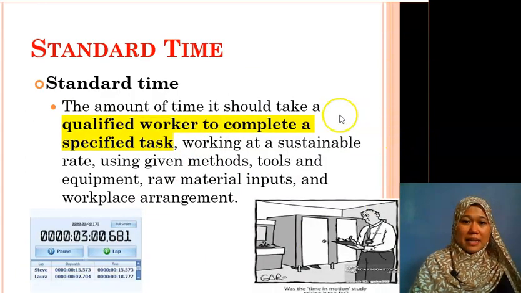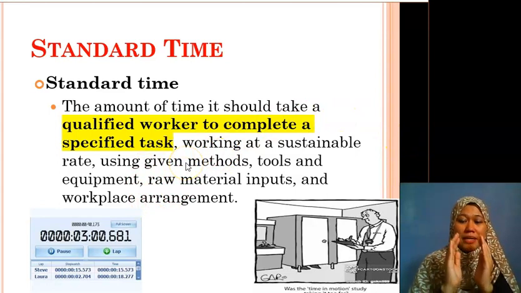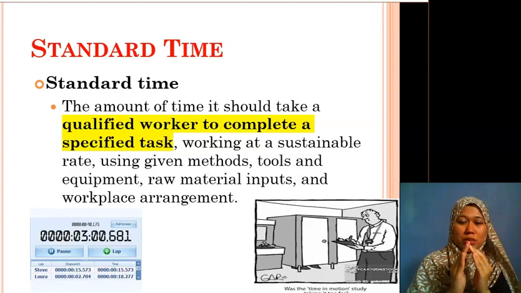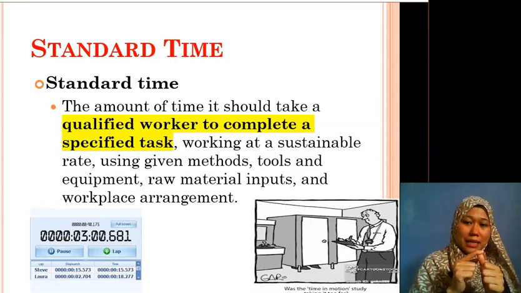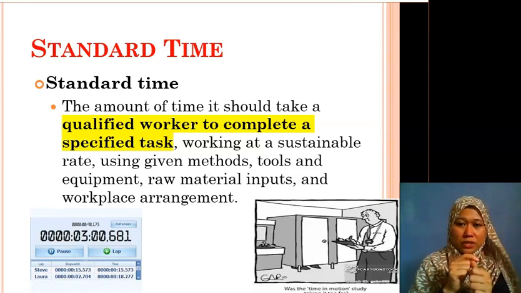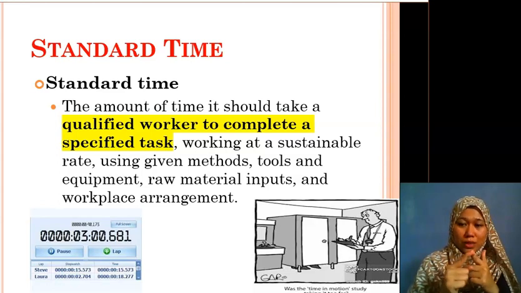Okay, standard time. Standard time is the amount of time that we declared for a qualified worker to complete a specific task. But you need to make sure that the task is done in a proper environment, with the proper lighting, proper temperature, ventilation, and also using the correct tools and equipment.